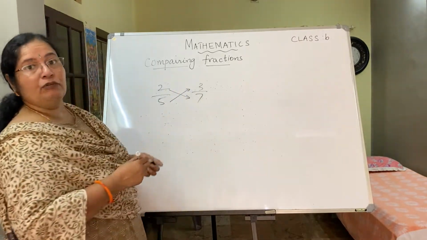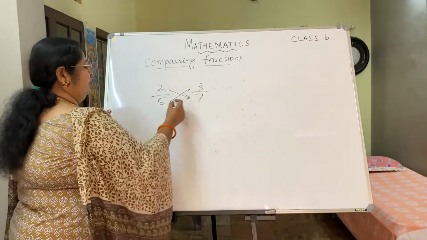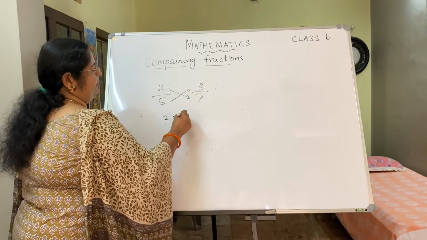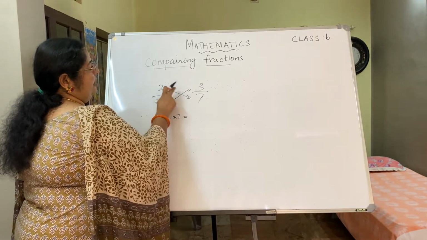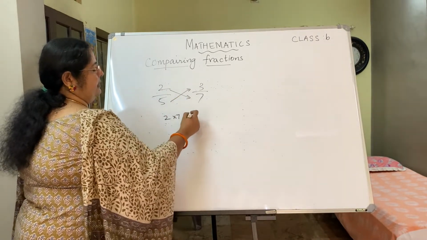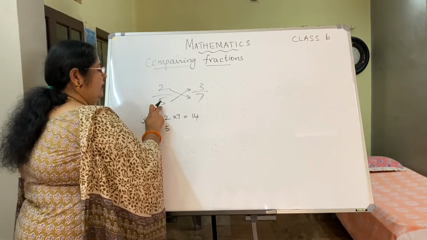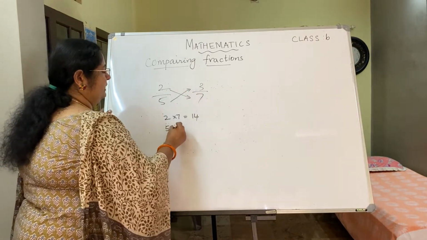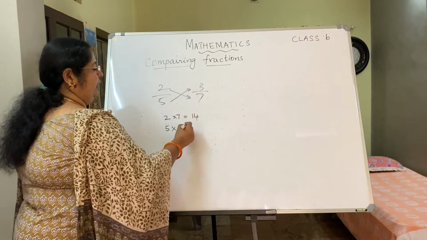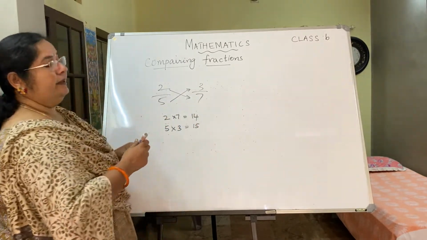Earlier we have learned how to cross multiply, isn't it? First you will multiply 2 into 7, the numerator of the first fraction into the denominator of the second: 14. Then you will multiply the denominator of the first fraction with the numerator of the second fraction, 5 into 3, 15.